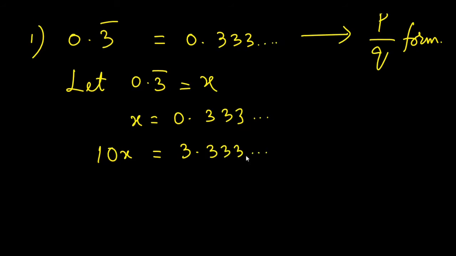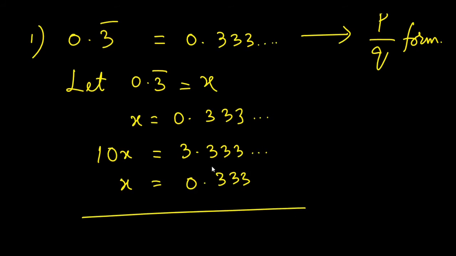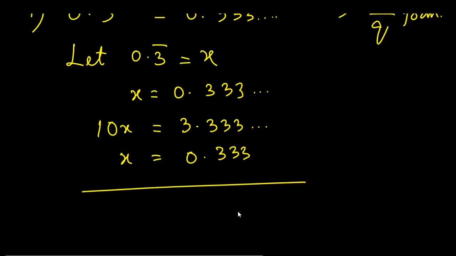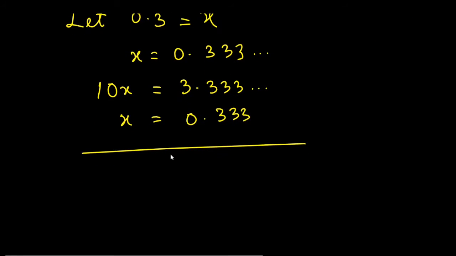So we get 3.333 getting repeated like this. Now if we subtract the x value here, 0.333, the repeating portion gets cancelled out. It becomes 0 here. 3 minus 3 throughout this decimal part gives 0, and we remain with 3 minus 0, which is 3.